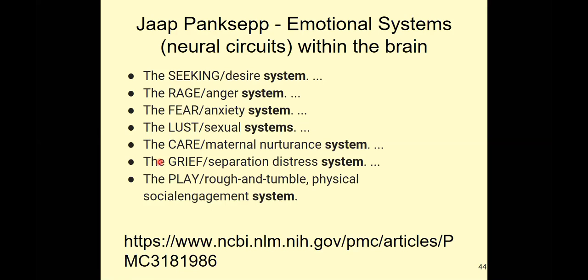And this has also been known as a separation distress system. So this is activated whenever we are separated from those that are important to us, or we lose something very important. And for that matter, we now know this even can be activated when maybe we find that we've lost an important goal in our life that seems to become not possible.